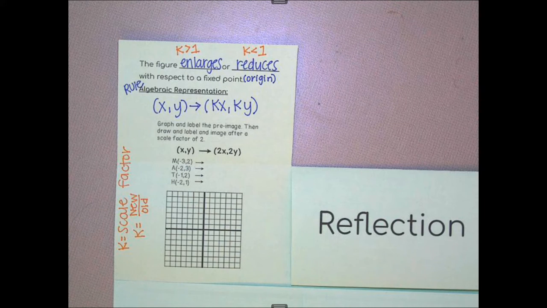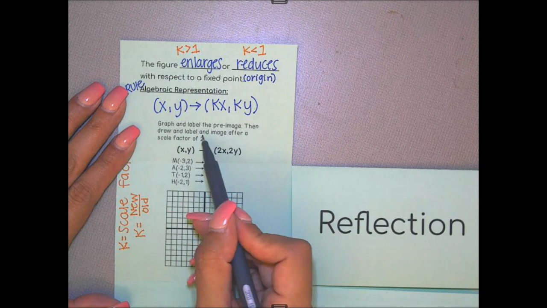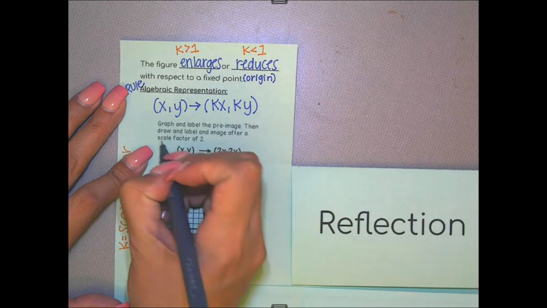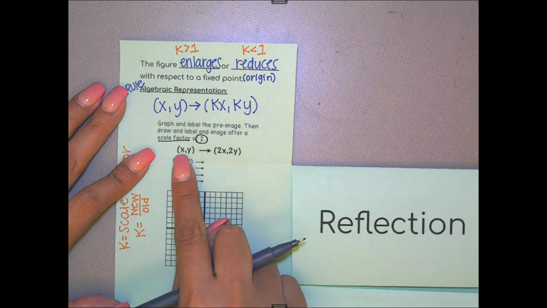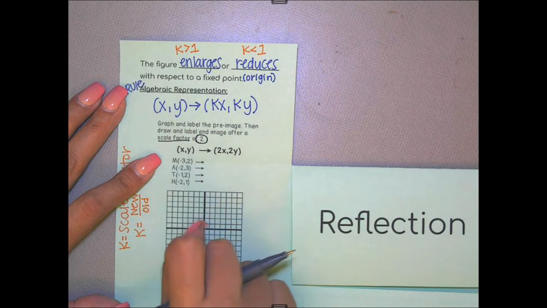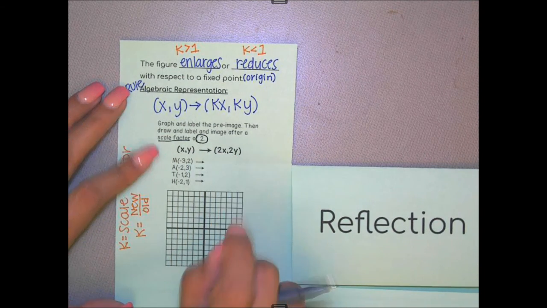So now let's read this example. Graph and label the pre-image, then draw and label the image after a scale factor of 2. Then it shows me my algebraic representation, or my rule. It says (x, y) turns into (2x, 2y).